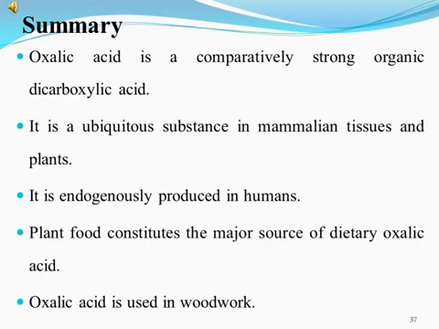Plant food constitutes the major source of dietary oxalic acid. Oxalic acid is used in woodwork. It is also used in the textile industry. It is also used as a disinfectant. Oxalic acid occurs naturally in honey.